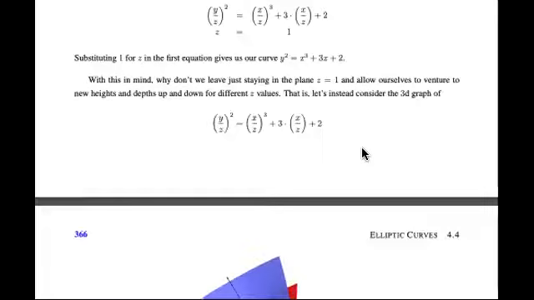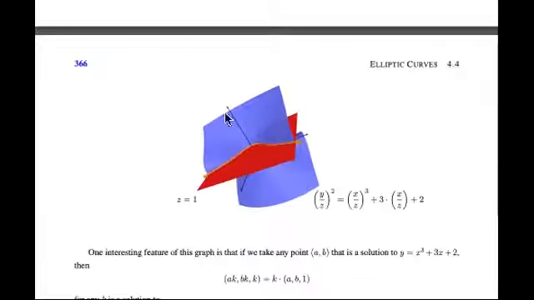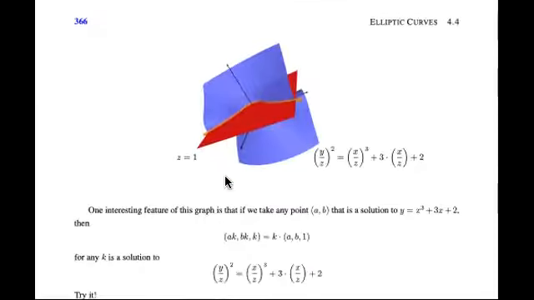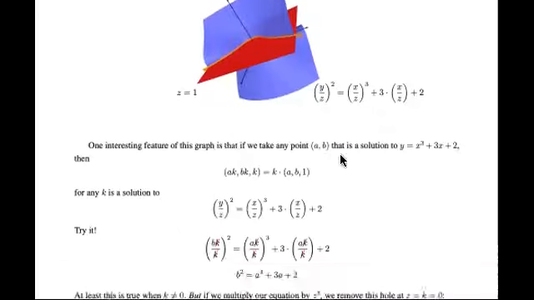Okay, so let's look at a picture then. The one in blue is actually the surface of this equation right here, and this red is z equals 1. Now, let's suppose that we take any point that's a solution to this.